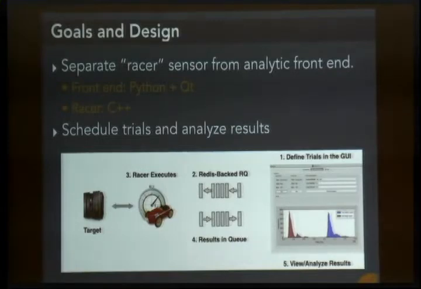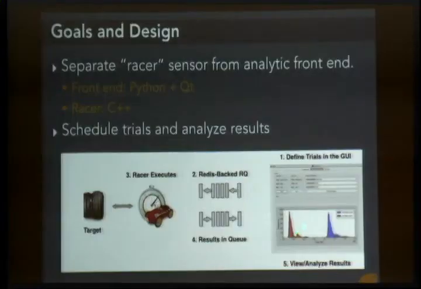Then we are much closer to the target, and we're cutting out a whole lot of jitter. So that's why we separated the racer from the GUI, and having a GUI still allows us to have a convenient way of analyzing the data and scheduling the experiments. We also decided to use C++ for the racer so that we can really go down to C code and native code to get really precise timing measurements.